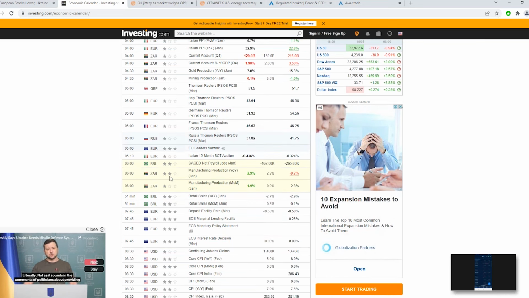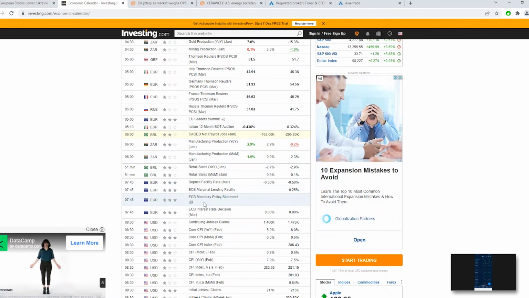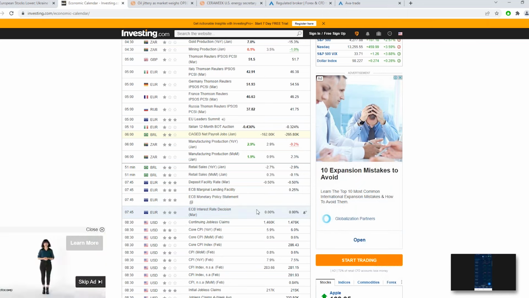Now, we're also looking at the fact that the European Union has a central bank monetary policy statement today. Interest rate decision today. Before this whole war broke out, there was the expectation that the US was leading the way, and then also the European Union, UK, and other places like Australia, that interest rates would be going back up to try to stop some of this inflation and to cut back on the stimulus measures.